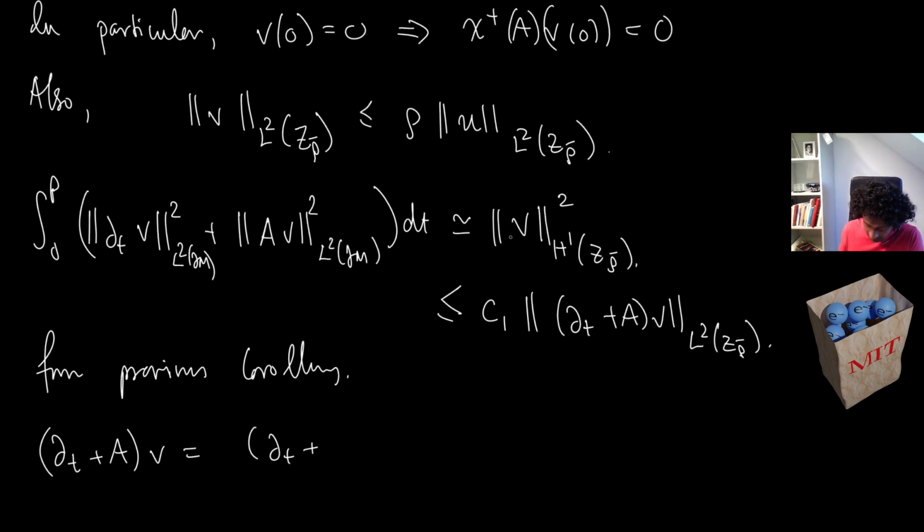For this first comparability, A is an elliptic operator, so this allows us to control the H1 norm on each slice, and dt is an operator that differentiates in all the directions other than the ones that A controls.